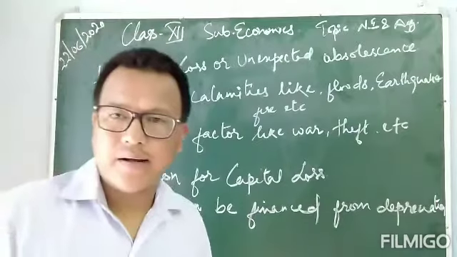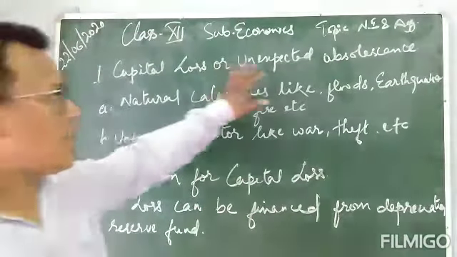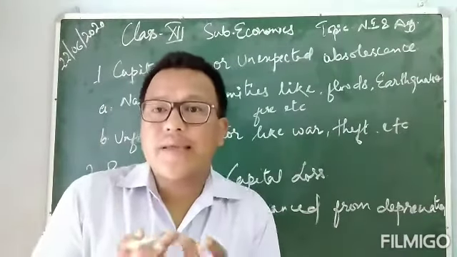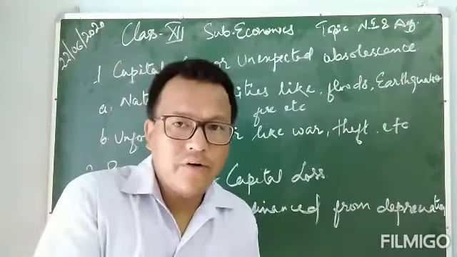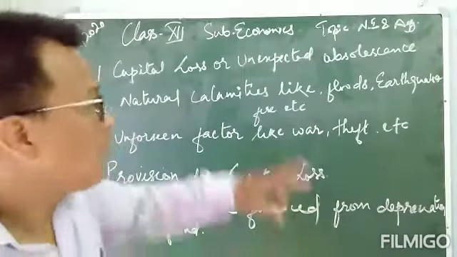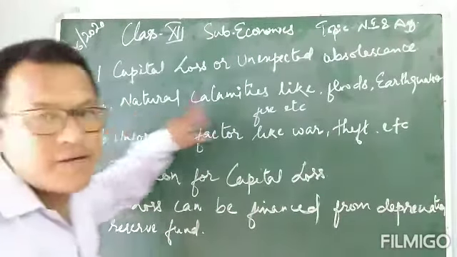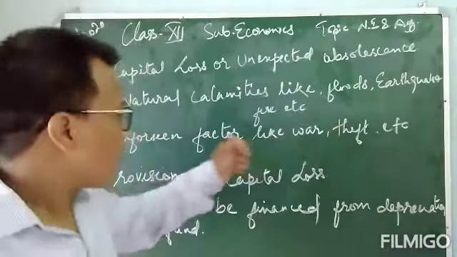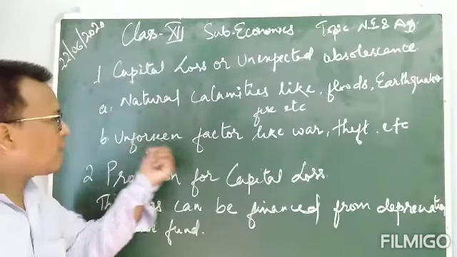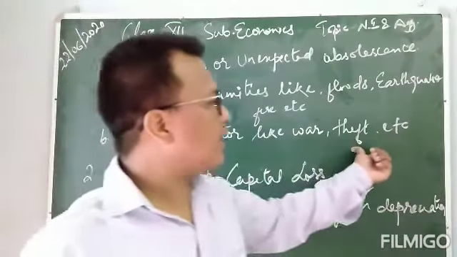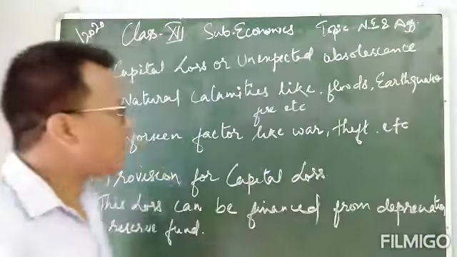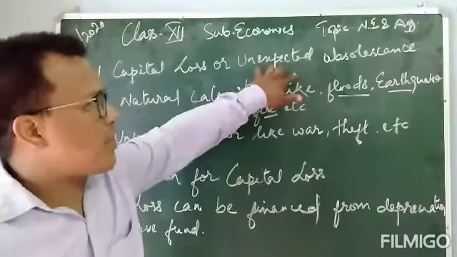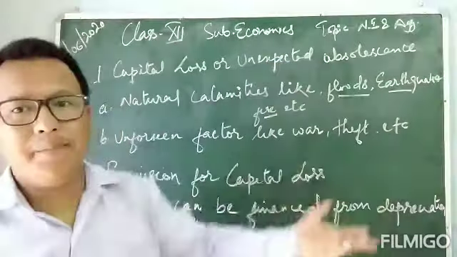Now let us understand capital loss or unexpected obsolescence. A capital loss is the loss in the value of a fixed asset due to two reasons: natural calamities like floods, earthquakes, fire, etc., and second, unforeseen factors like war, theft, etc. Floods, earthquake, fire are unexpected things which can happen.